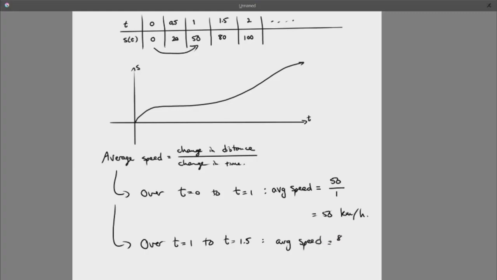So that'll be 80 minus 50, over the change in the time, which is 1.5 minus 1, giving me, try to squeeze it in so we can see everything, 30 over 0.5, so that'll be 60 kilometers per hour. Squeeze it in. 60 kilometers per hour. Okay, so it's a very simple calculation to find the average speed. Everyone happy with that calculation?